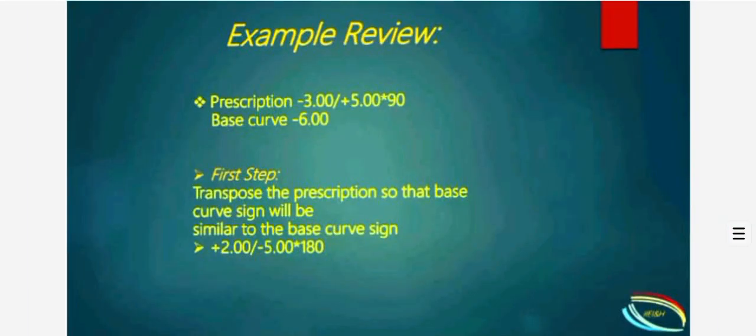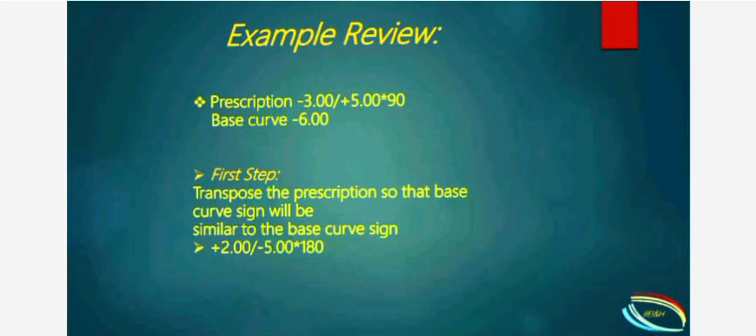Another example prescription is minus 3 plus 5 at 90 degrees, base curve is minus 6. First step, transpose the prescription so the base curve sign will be similar. Here the cylinder power is plus and the base curve is minus, so we do a simple transposition.